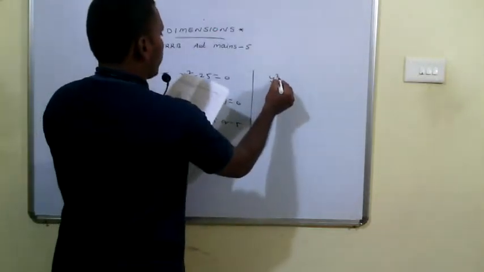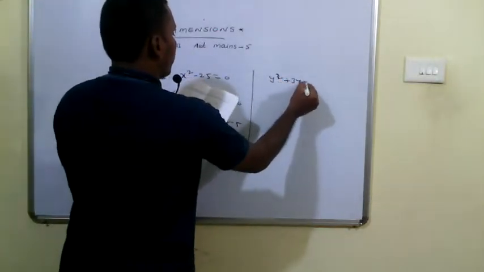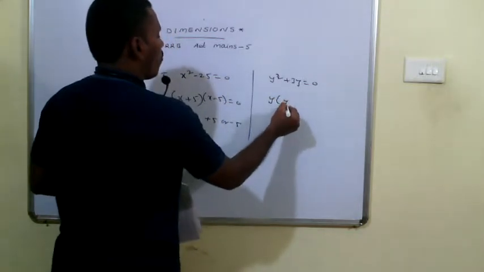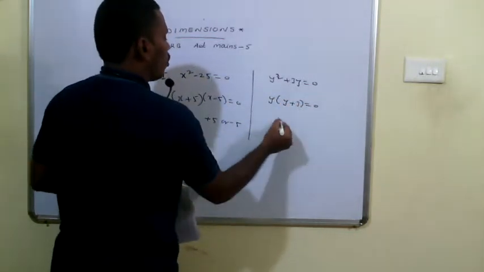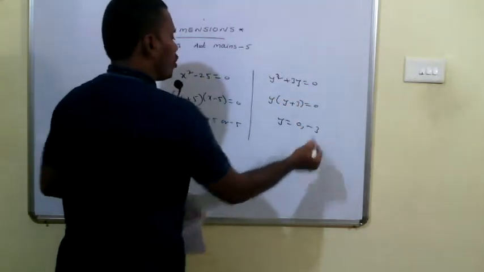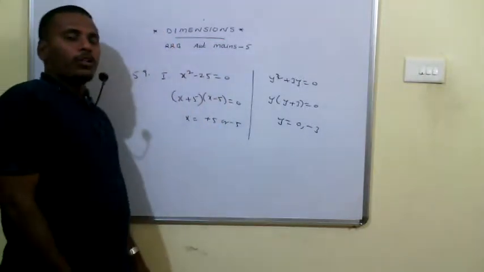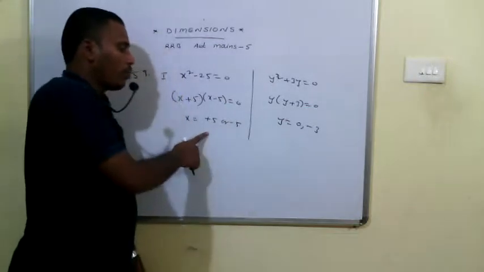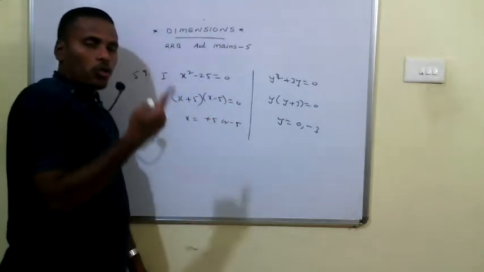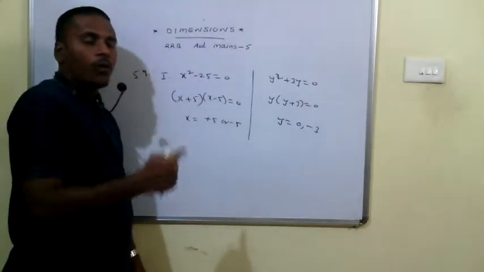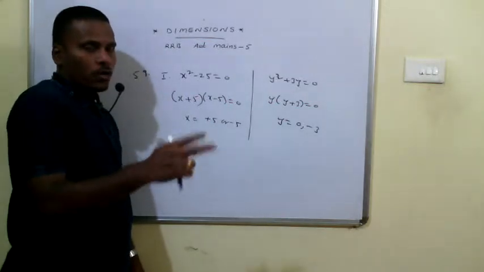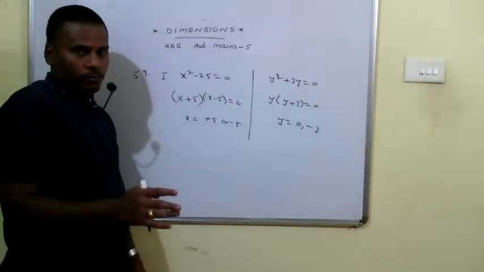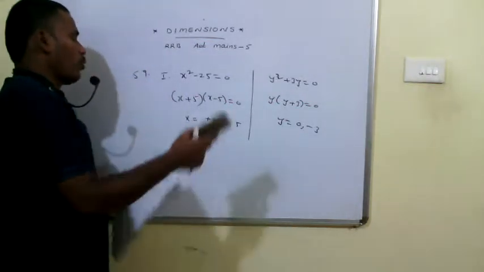Whereas the second equation is y square plus 3y is equal to 0. y into (y plus 3) is equal to 0, and the values of y are 0, minus 3. While coming to the comparison, if you took minus 5, that was less than 0. If you took plus 5, that was greater than 0. So one value of x is less than y and one value of x is greater than y. So we can't establish the relation between those two. Okay. Similarly, we can solve the 60th problem also.